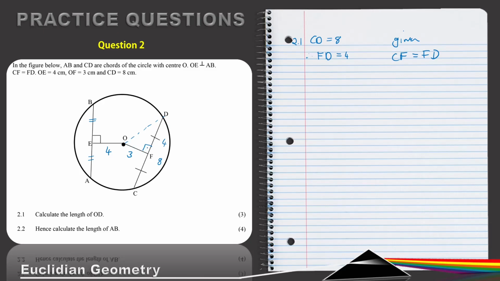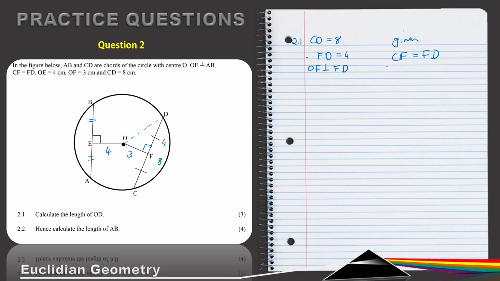This is through the theorem. So first of all, we need to say that OF is perpendicular to FD, and that comes from Theorem 2, the line through center and midpoint.